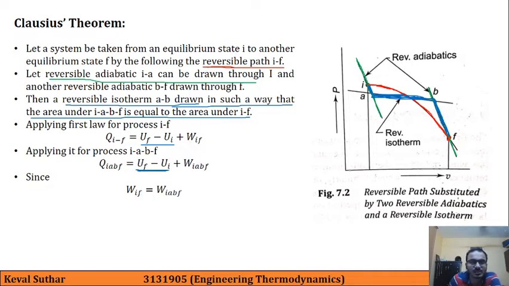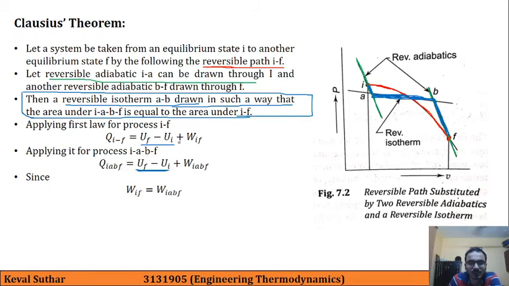Why? Because it is presumed here that the area under IABF is equal to the area under the IF curve. If the area is the same, then the work done is also the same.